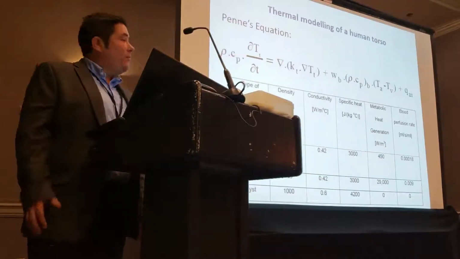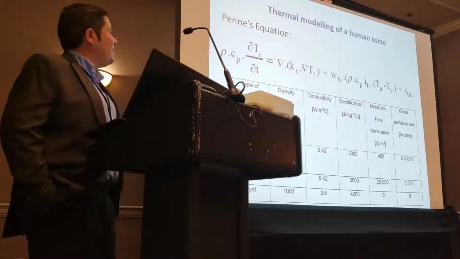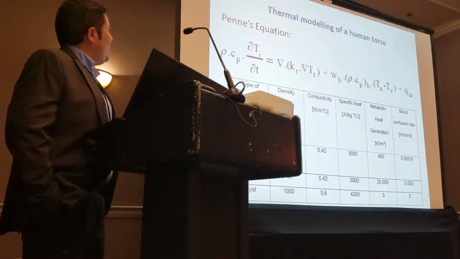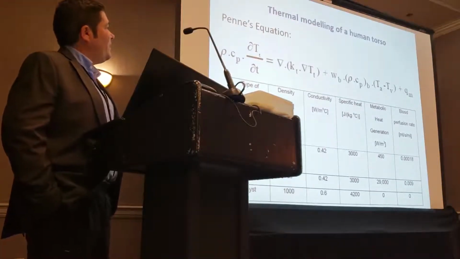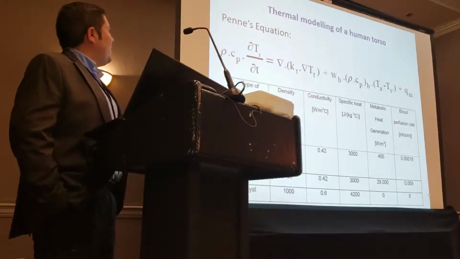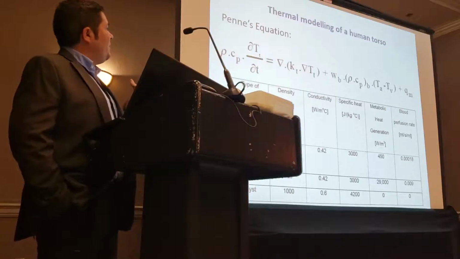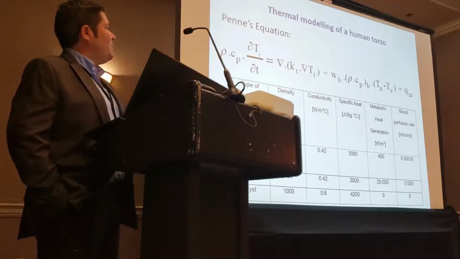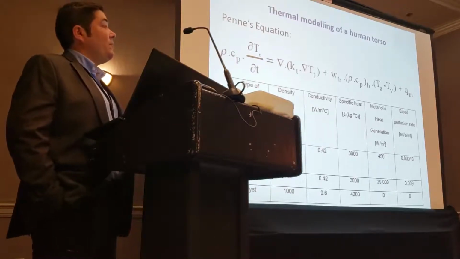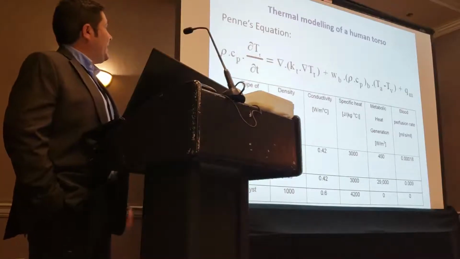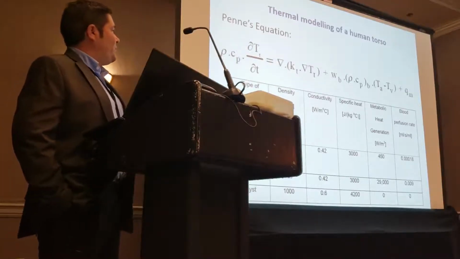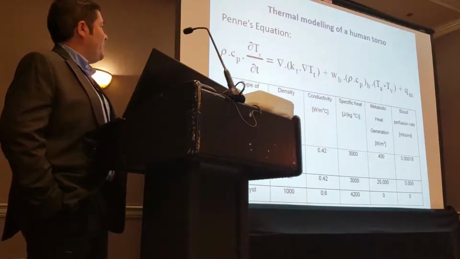So basing our work on that seminal paper, we started doing finite element simulations using the Pennes equation, which is basically the heat diffusion equation with two extra terms, which are the metabolic heat generation and the perfusion term. And we pulled all these values from the literature.